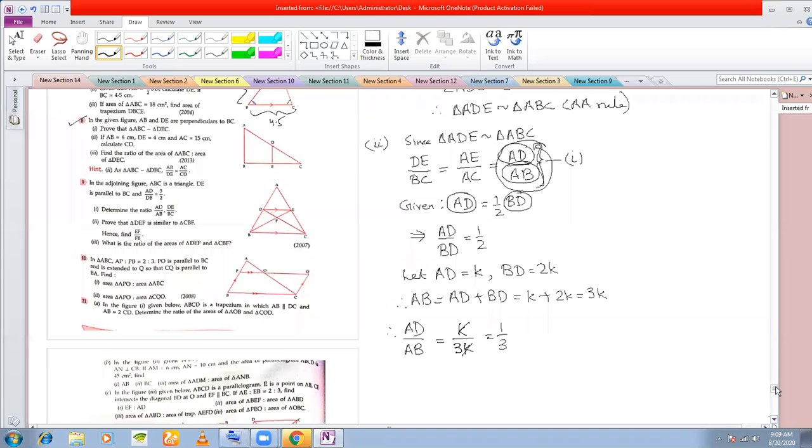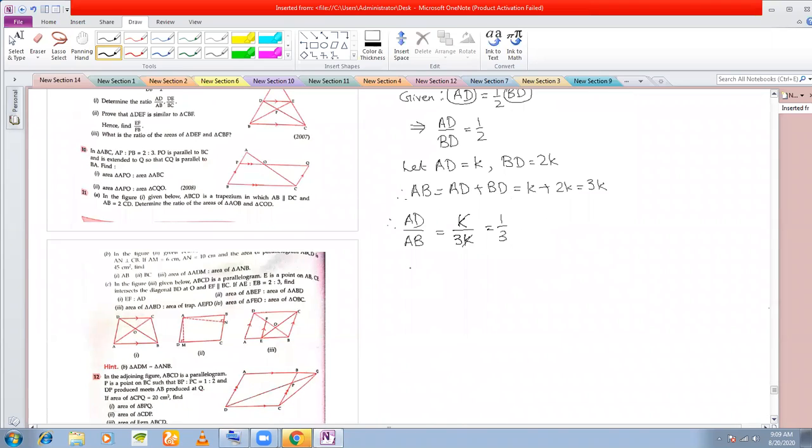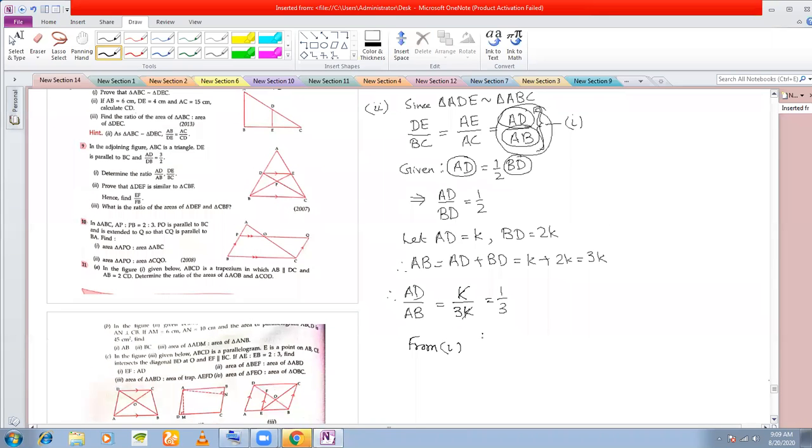So now coming back from 1, let's rewrite this relation: DE by BC is equal to AE by AC is equal to AD by AB.